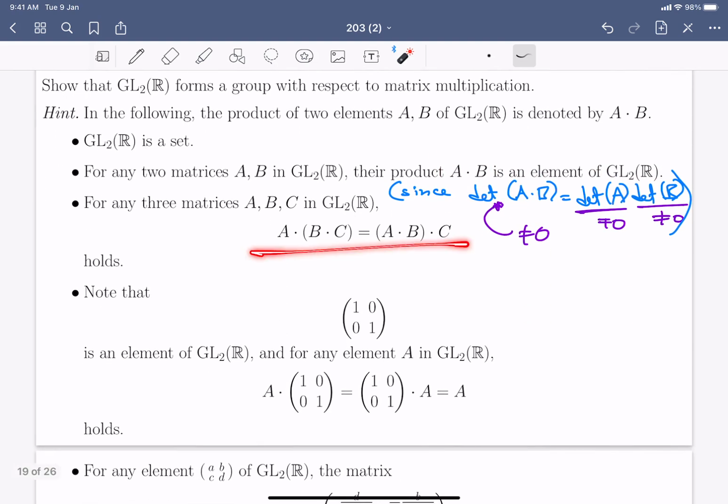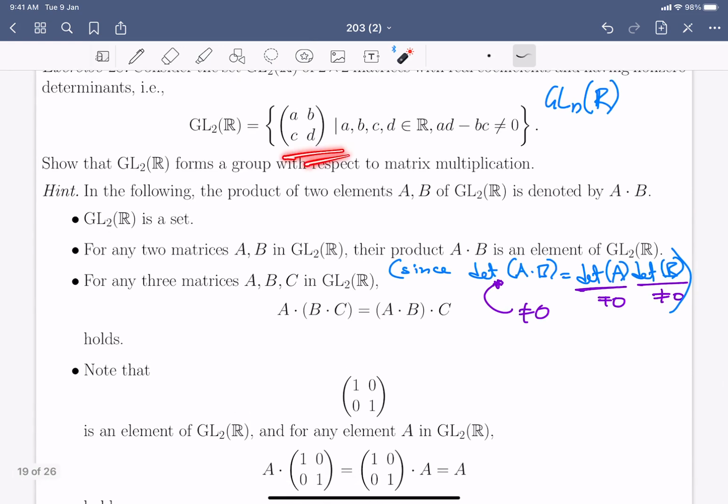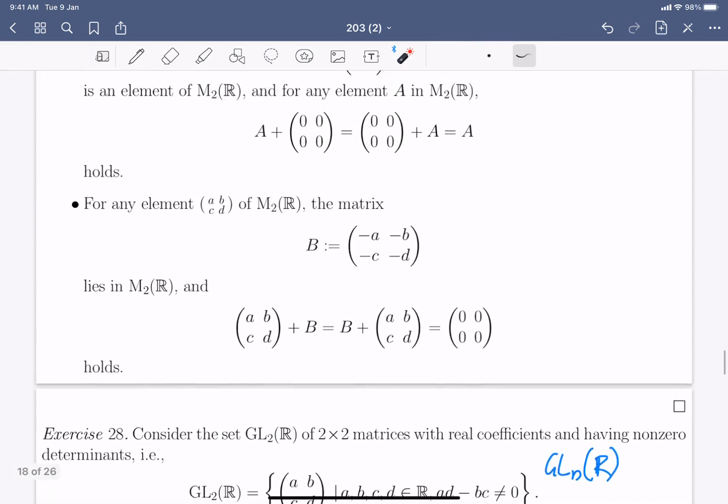Okay, and the associativity is also easy to verify, that I leave for you to do. I mean, you need to go through certain steps, and you have to do certain elementary algebra, but nothing beyond that. Okay, so I leave it to you as an exercise. But the point is that this has to be verified. Okay, so I mean, this is not a hint, or maybe, yeah.